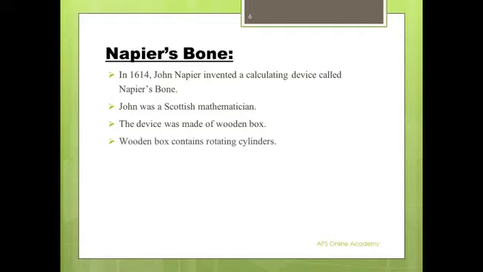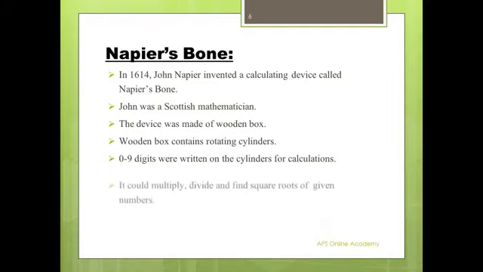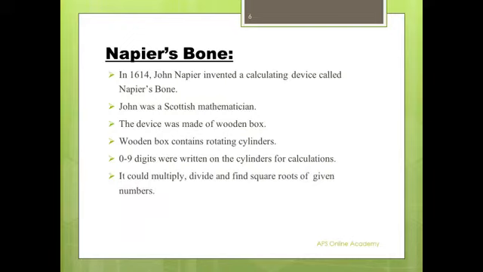Wooden box contains rotating cylinders. 0 to 9 digits were written on the cylinders for calculations. It could multiply, divide and find square roots of given numbers by simple addition and subtraction rule.